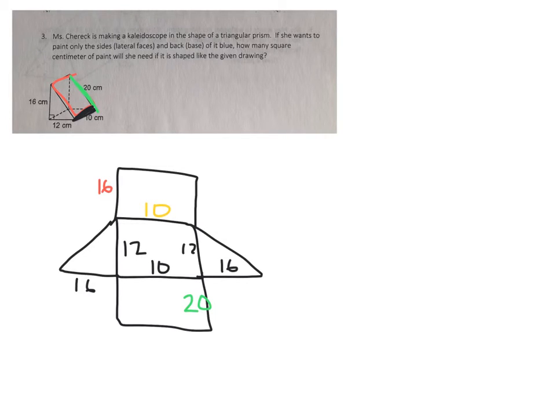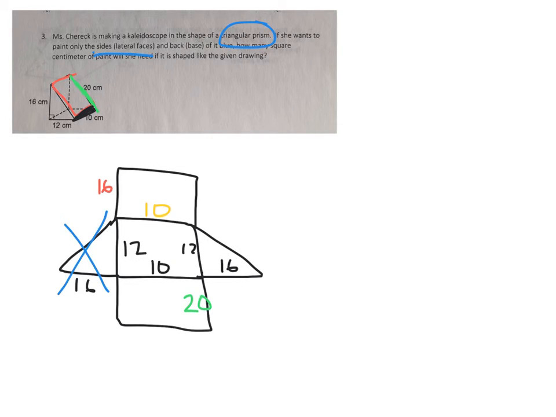In this case, our two bases are triangles because they told us it was a triangular prism, but they only want the sides, so our sides would be our rectangles, and the back. So that means we need to cross out one of those triangles because we don't care about the front. We are not going to find the area of that shape. So once we cross it out, now we have 4 shapes we need to find the area of.